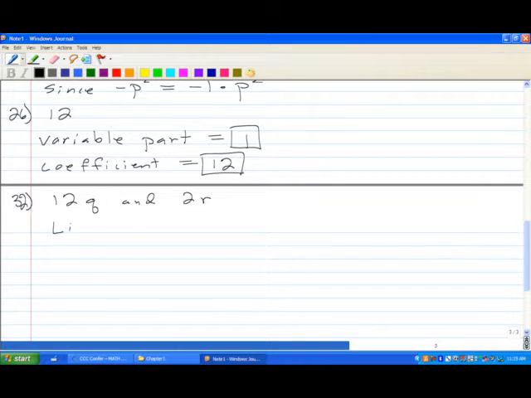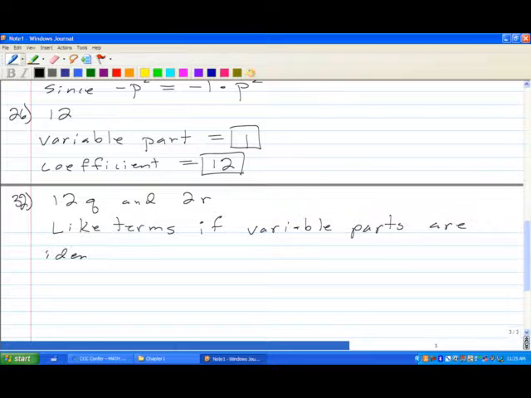So terms will be considered like terms if the variable parts are identical. In this case, the variable parts are q and r, and so no, these are not like terms.